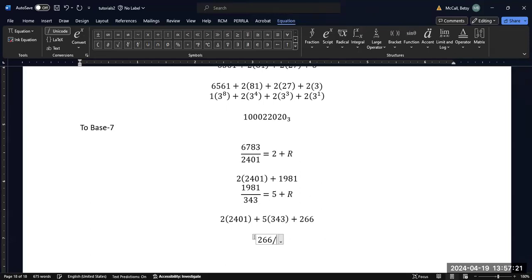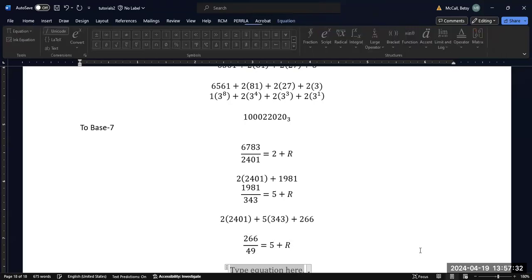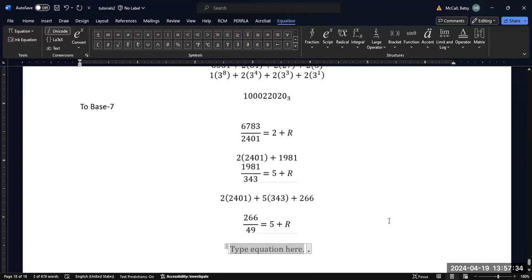So I'm looking to see how many times this 49 goes into 266. It also goes in 5 times. So we've got 5 times 49. So 266 minus 5 times 49 gives me 21.